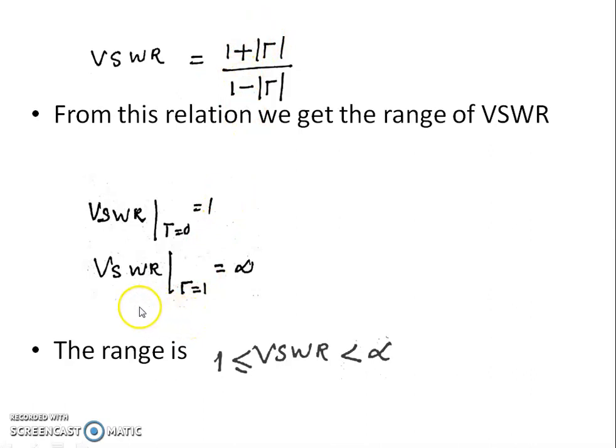And at the reflection coefficient equal to 1, the VSWR becomes 1 plus 1 divided by 1 minus 1. It becomes infinity. So the range of VSWR lies between 1 and infinity.